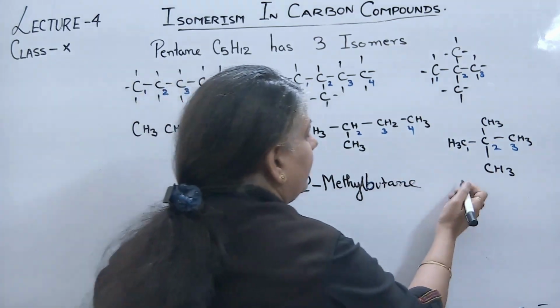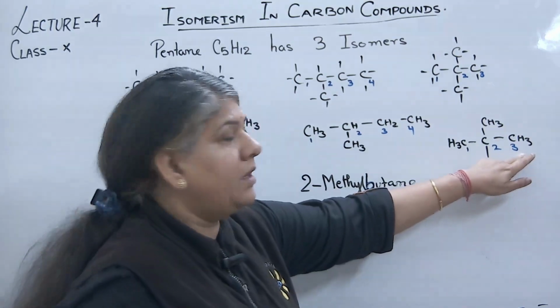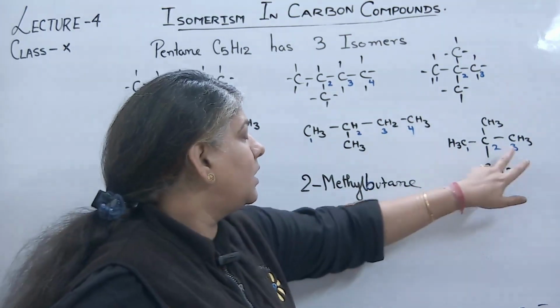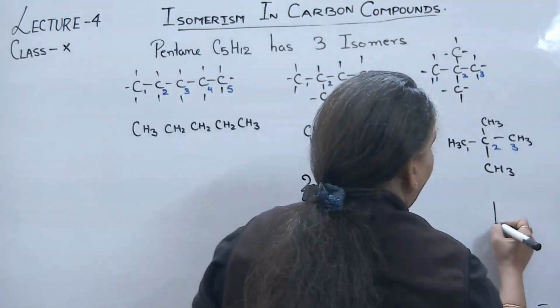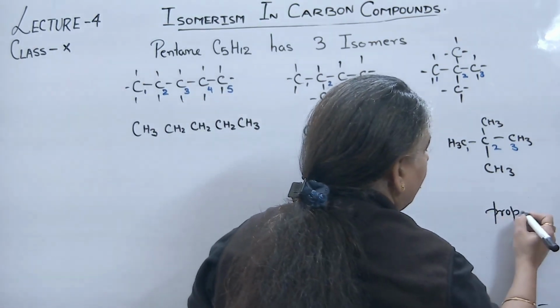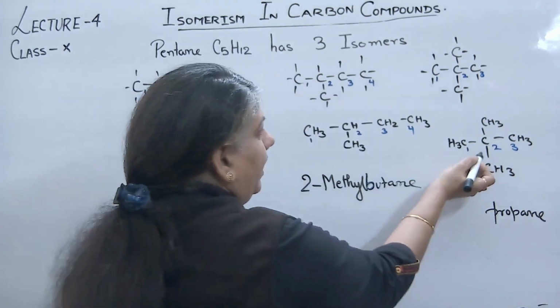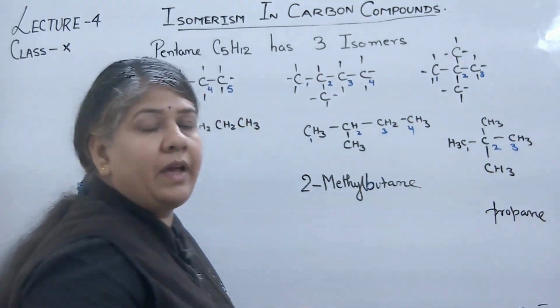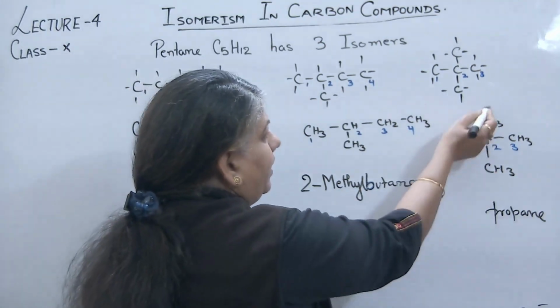Again, here the naming will be, see, the parent name will be propane because the carbon chain has been reduced to 3 carbons. So propane. And at carbon number 2, you are having 2 methyl groups. See, one is here, one is up.